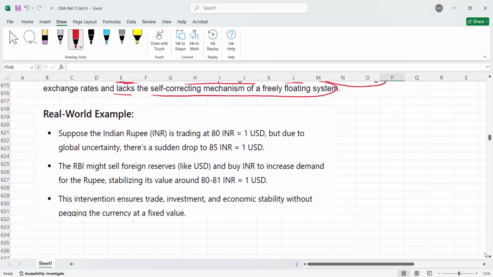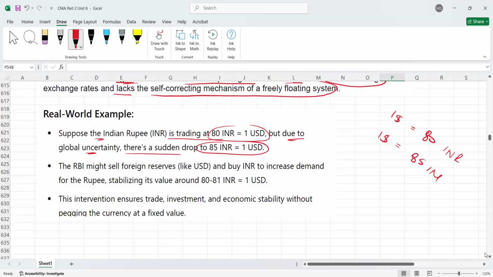Suppose that the Indian rupee is trading at 80 INR equals 1 USD. For example, assume $1 equals 80 Indian rupees. But due to global uncertainty, there is a sudden drop to 85 INR equals 1 USD. Previously $1 equaled 80 Indian rupees. Now $1 may become 85 Indian rupees.